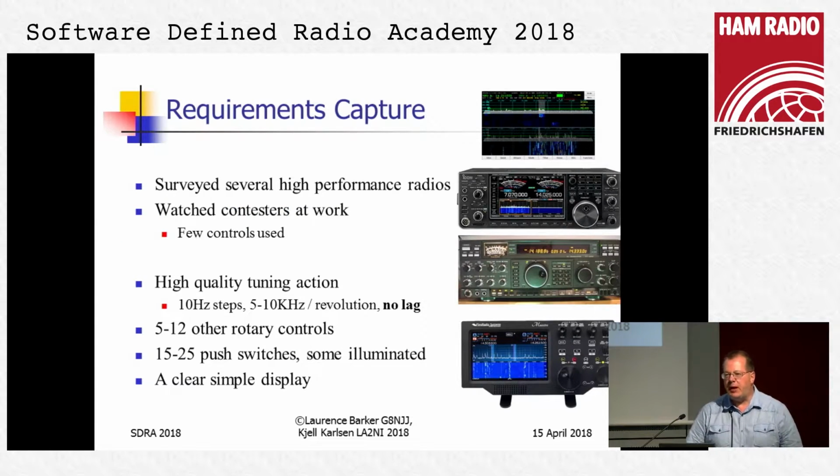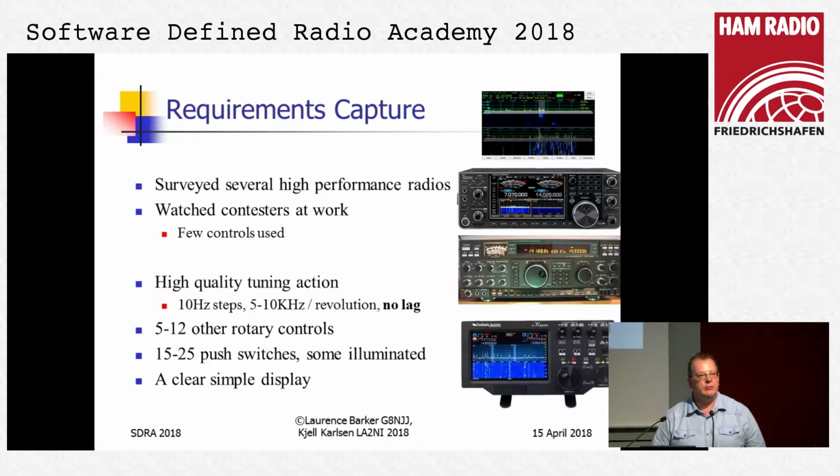We started off by surveying the user interface requirements for a whole load of radios, and essentially what kind of controls do they provide. That wasn't a greatly useful exercise, it turns out, because each manufacturer has their own favourite layout of controls. And as the years go on, the approach varies. So the FT1000 is the third radio down in that stack.